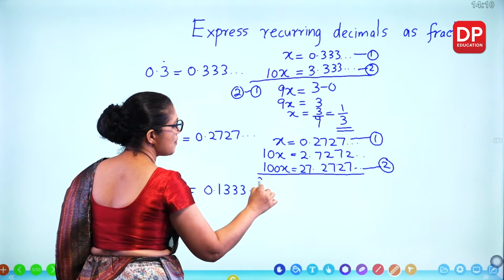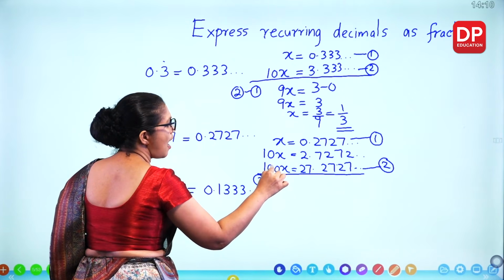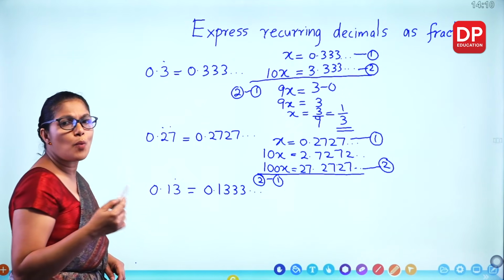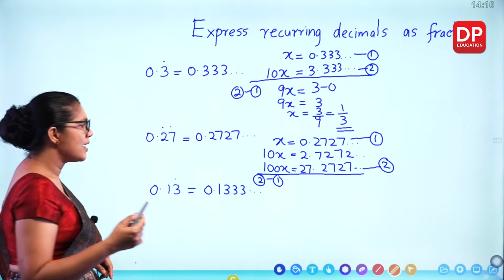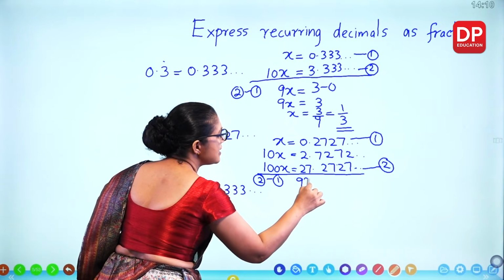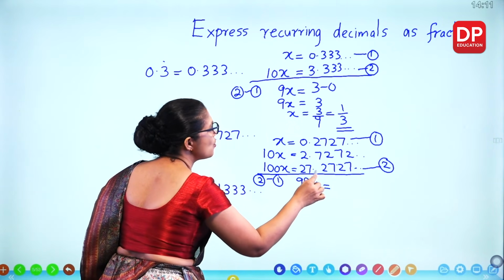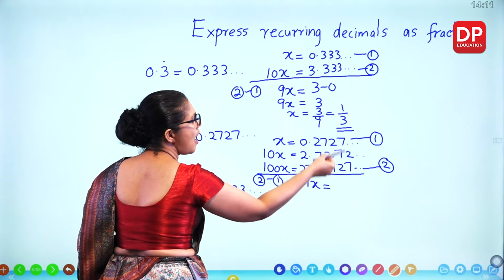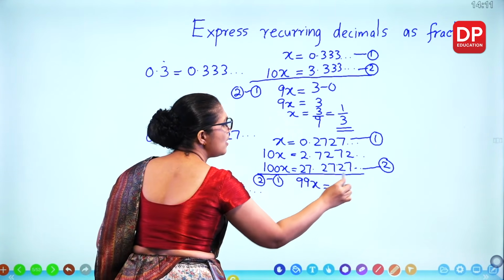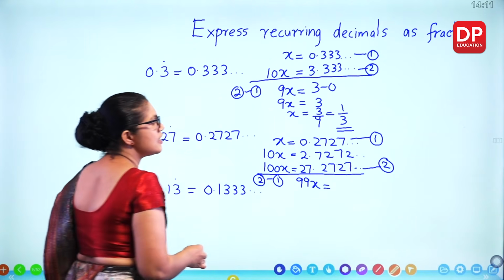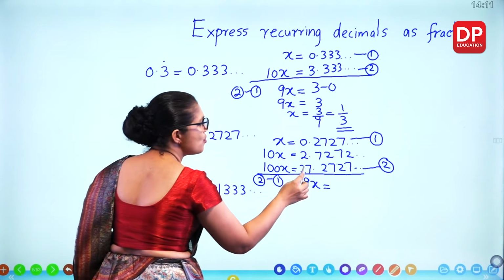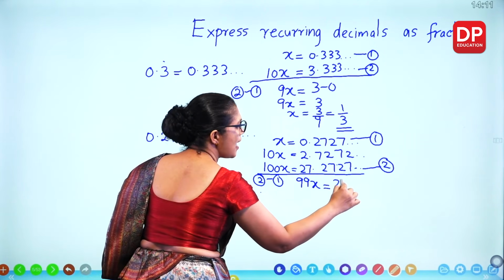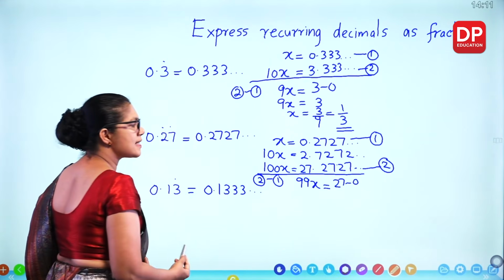Here I can subtract 2 minus 1, 100x minus 1x. So what is 100 minus 1? You get 99x is equal to, what happens here? The whole set gets cancelled out. After decimal place, the whole set of decimal digits gets cancelled out and you get 27 minus 0. So what is 27 minus 0?